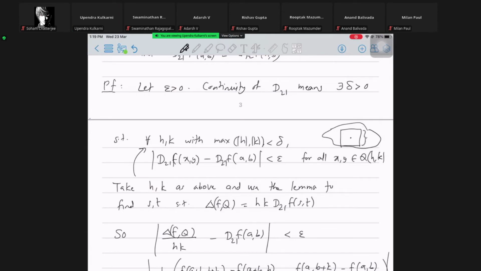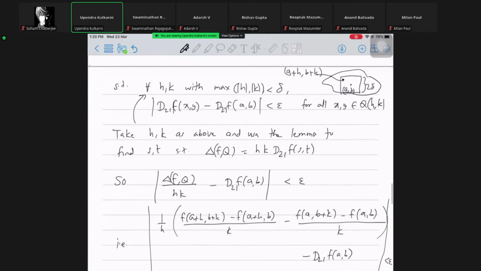So this is 2 delta, and this is a comma b. But this point could be anywhere in that, and that is a plus h, b plus k. Now for any such h and k, whatever inequalities I'm writing down before taking the limit are valid for any such h and k.